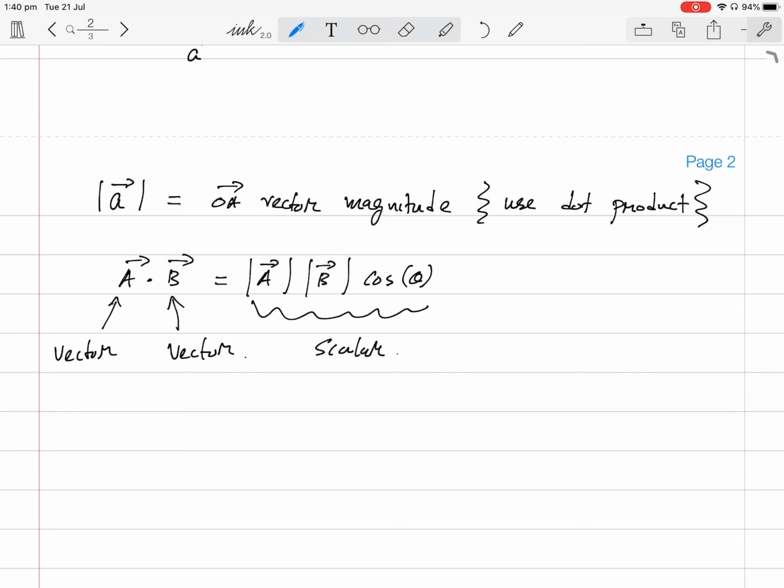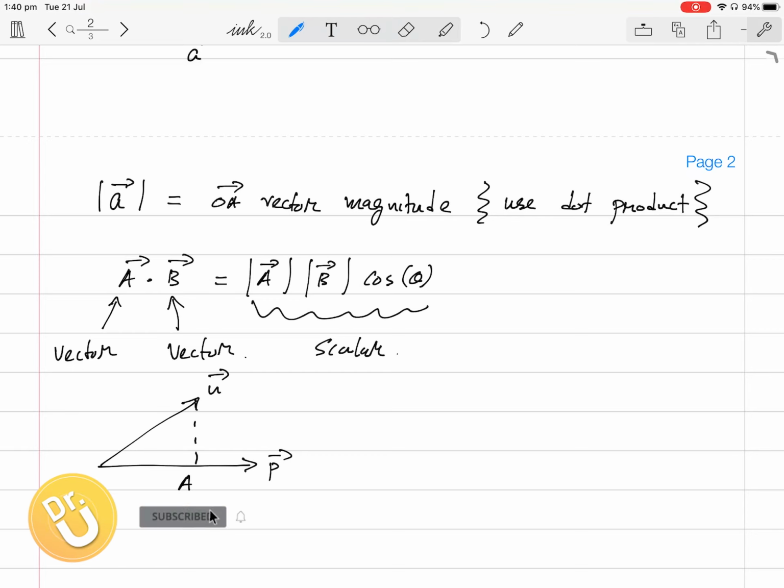Now we have u vector here and we have p vector over here. To find this OA, we will find the unit vector in p direction. The unit vector would be p vector divided by the magnitude of the p vector, which is called p hat.